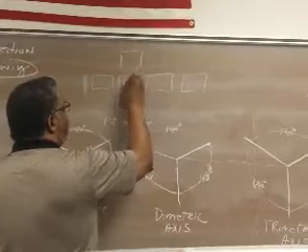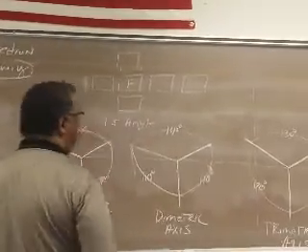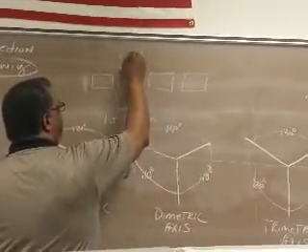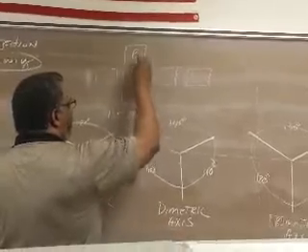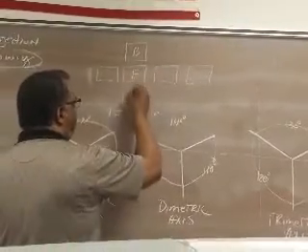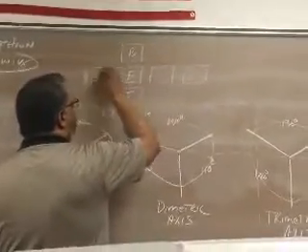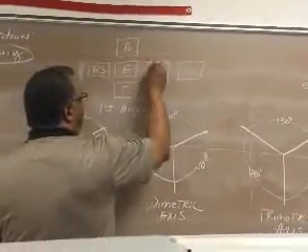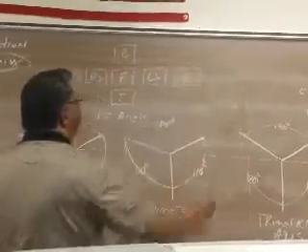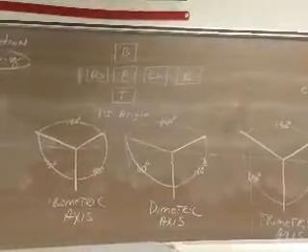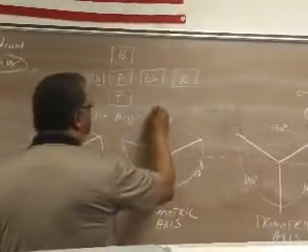So in this case, the front is always the same, but the bottom goes above the front, and the top goes below. The right side goes here, left side here, rear there. So this is first angle projection.